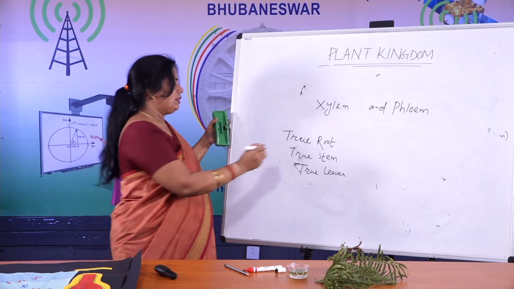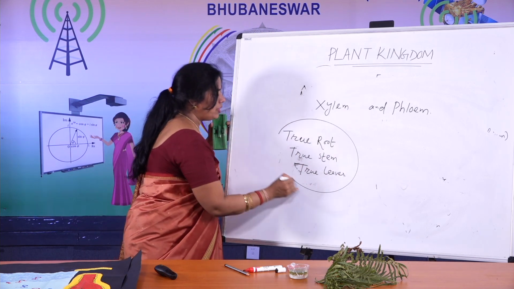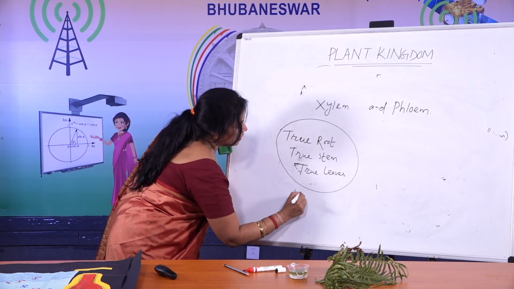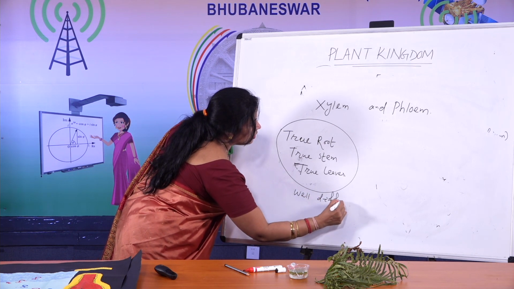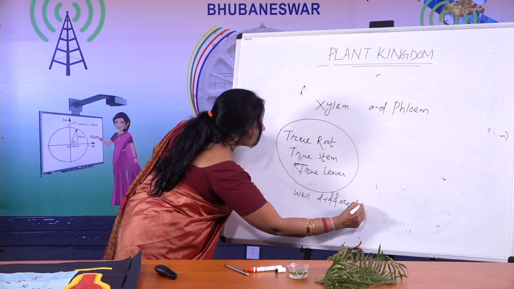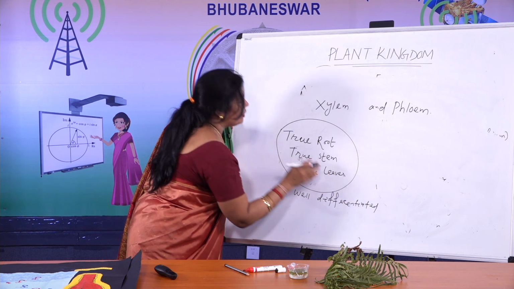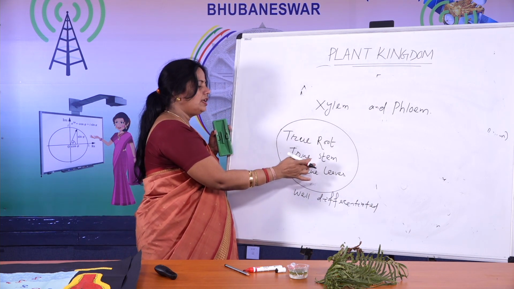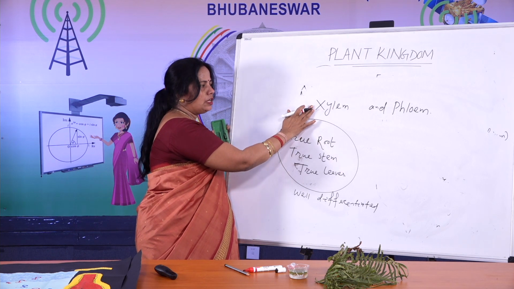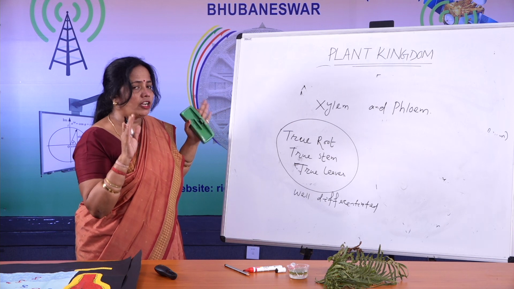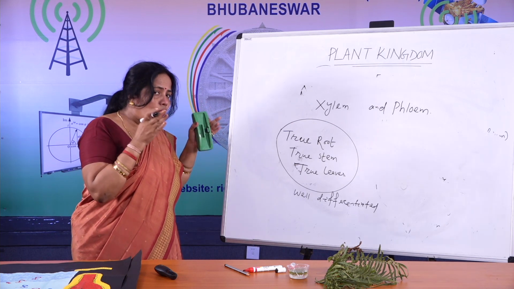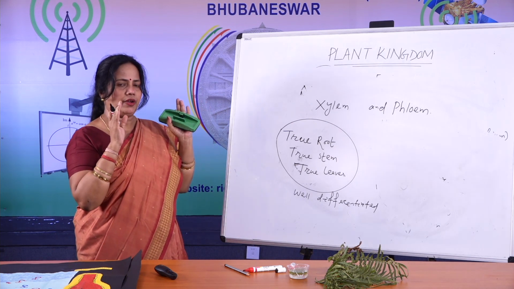So, they have the plant body well differentiated because they have true root, stem and leaves, and they have the vascular tissues. These two are the most important features of the pteridophytes. Hence, they are more advanced than the bryophytes.